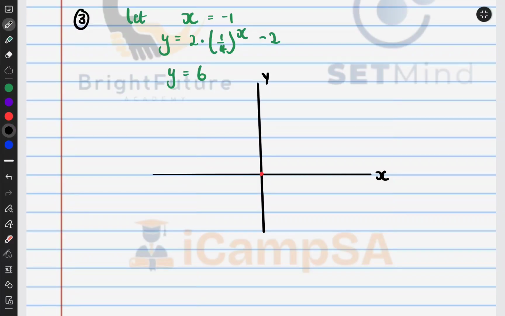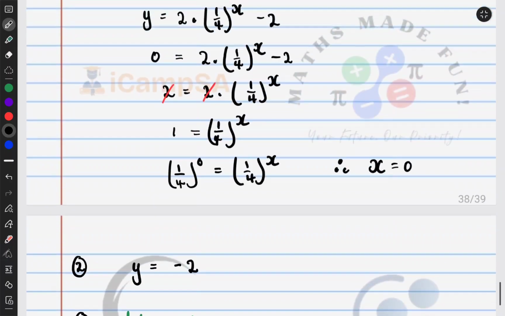Oh, I forgot to calibrate the x and the y-axis. 1, 2, 3, 4. Then 2, 4, 6, 8, -2, -4. And 1, 2, 3, -1, -2, -3.